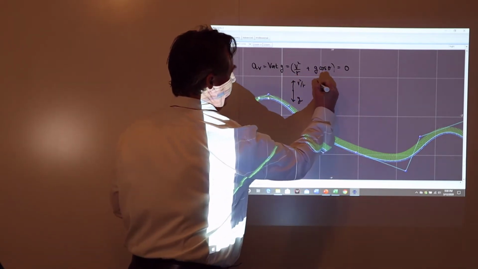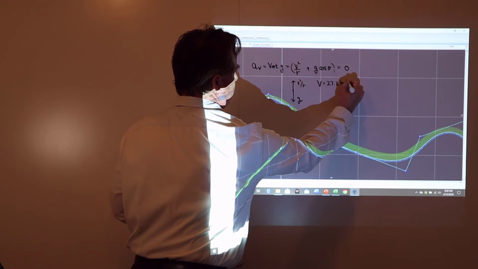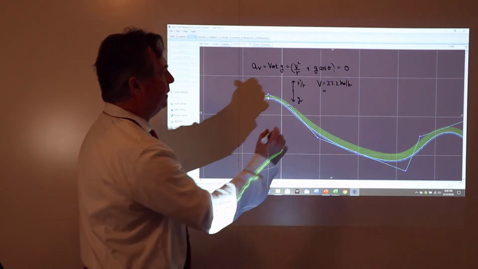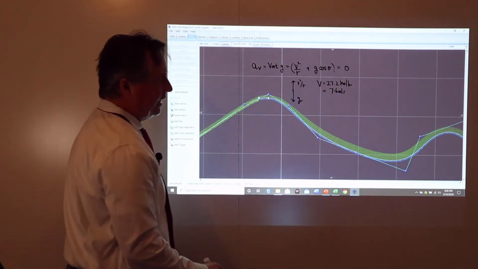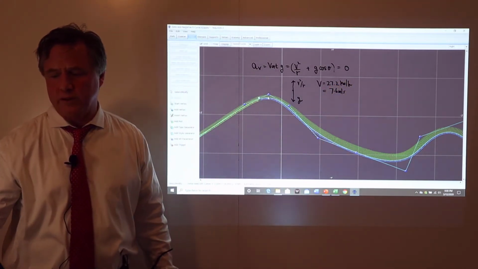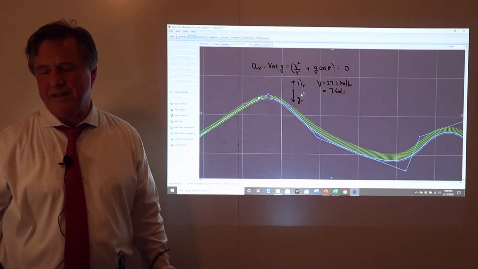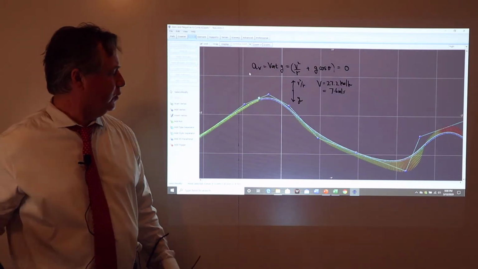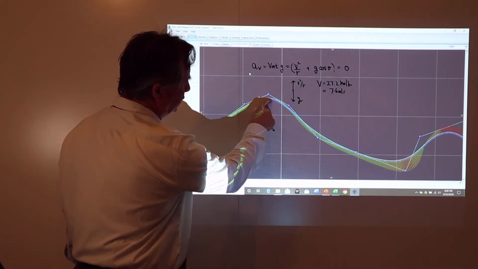Okay, so v equals 27.2 kilometers per hour. Working in meters per second, that gives us 7.6 meters per second. So what I did was I shaped, I pulled these vertices around until I got a curve which gave me 0 vertical g's. And I know it's 0 because there's no spikes here at this point.